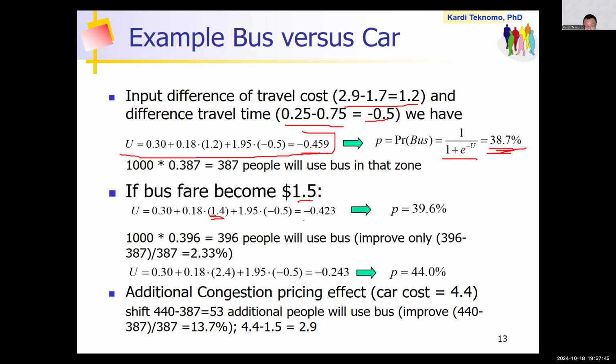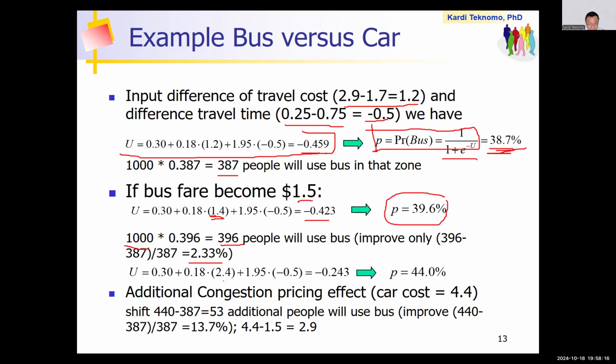Then you input the new value into this formula and you will get 39%. Because the total is 1,000, that means 396 people will use the bus. A while ago it was only 387, so there is an increase of about 2%.